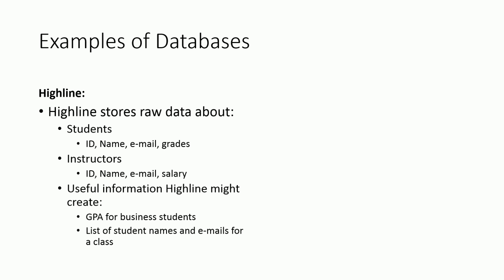Well, when they create that list of student names and emails for a particular class and give that to an instructor, that's going from all of the raw data to some useful information. That report of what students are in the class and what their email addresses are is useful information for the teacher.